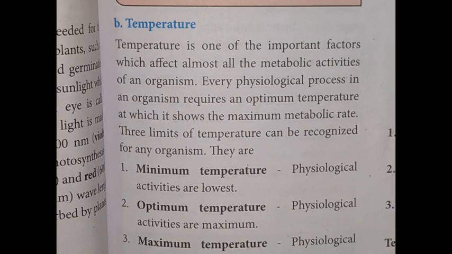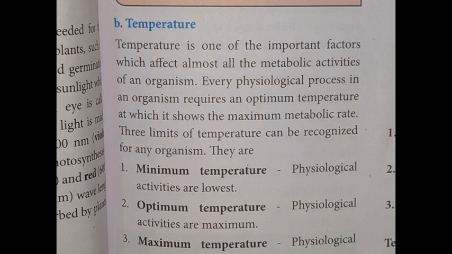Temperature. Temperature is one of the important factors which affect almost all the metabolic activity of plants or organisms. Every physiological process in an organism requires an optimum temperature at which it shows the maximum metabolic rate. Three limits of temperature can be recognized for any organism.